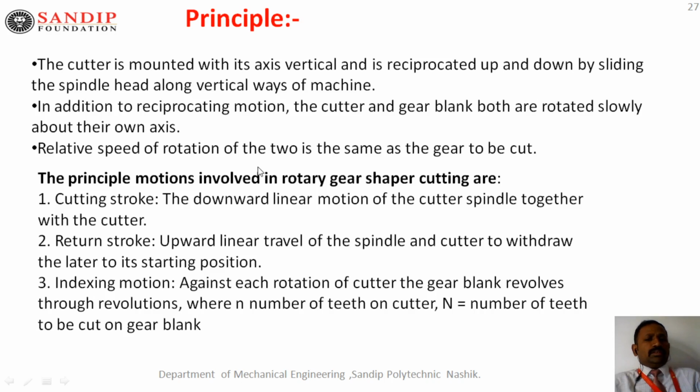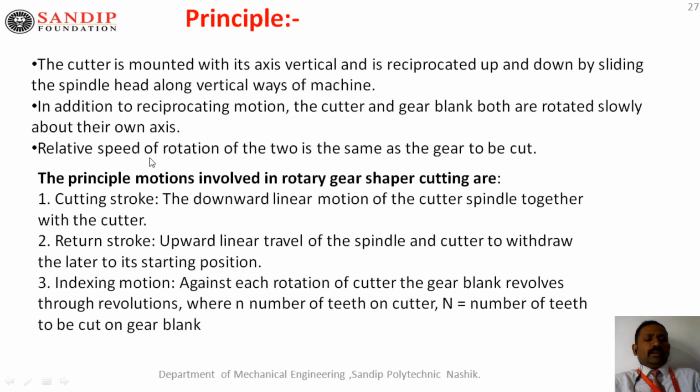Now this is the basic principle of the shaping machine. The cutter is mounted with its vertical axis and reciprocated with an up and down sliding motion along the vertical way of the machine. So with the reciprocating motion of the cutter, the blank is also rotated slowly about its own axis.